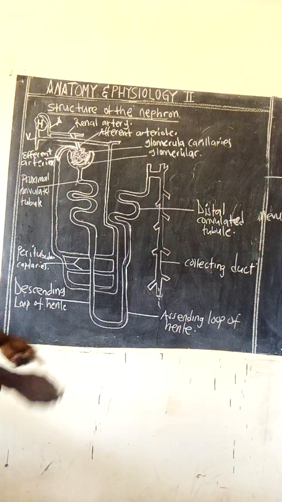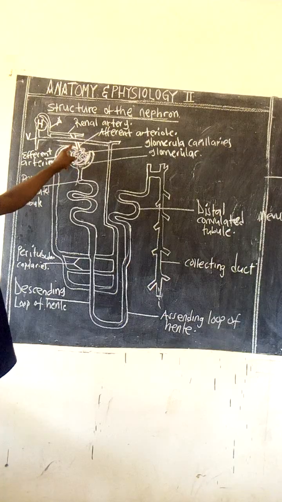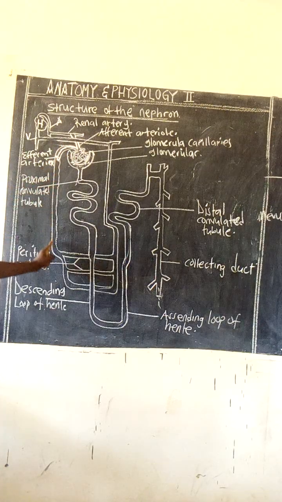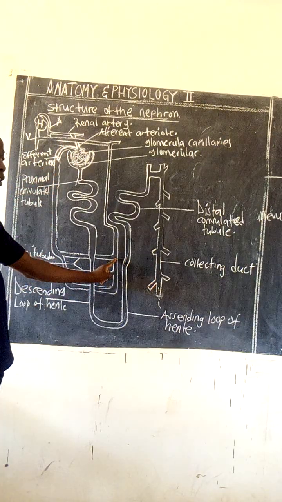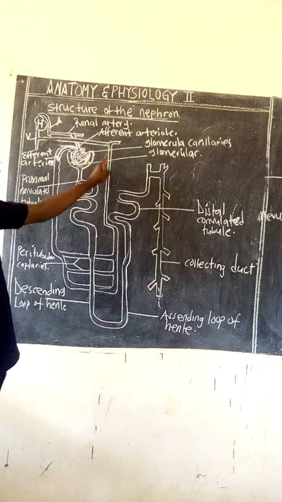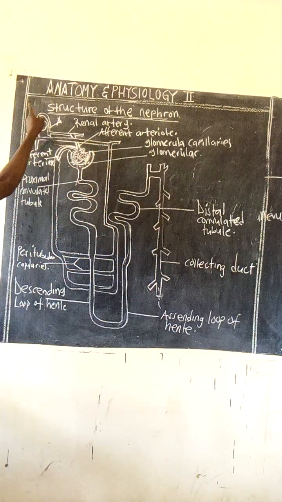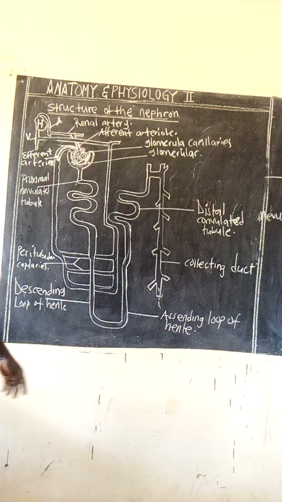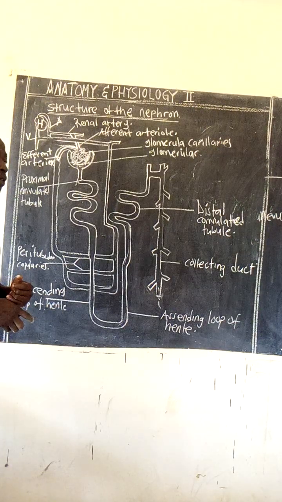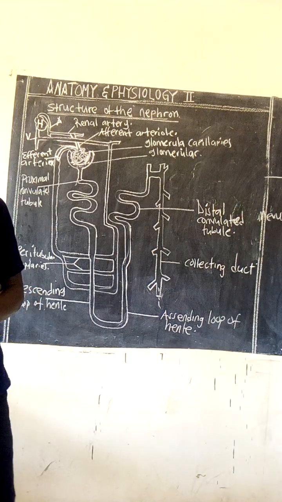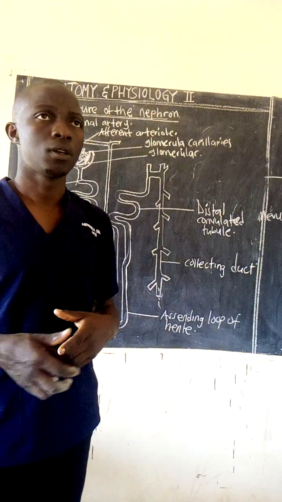The impermeable substances are taken through the efferent arteriole, through the peritubular capillaries, because they are needed by the body, and returned to the heart for circulation, which will go to other parts of the body for effective functions. So this has been the structure of the nephron.